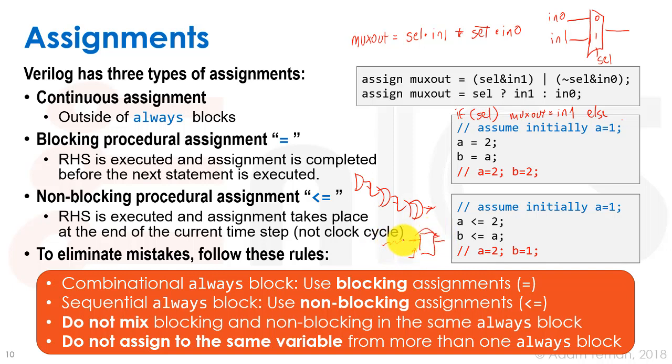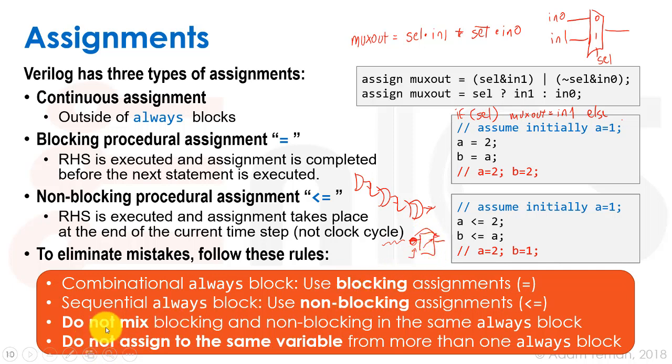In the meantime, maybe stuff changes over here and it changes what was at the input, but we sampled what was at the input at the beginning of the cycle. So that's what the non-blocking assignment does. So if we keep those 2 rules, we'll always use an equals or a blocking assignment in a combinational block, and always use a non-blocking assignment in a sequential block, and we'll be fine.